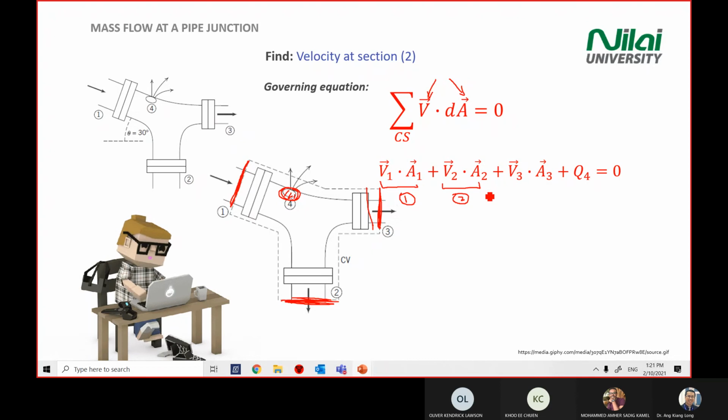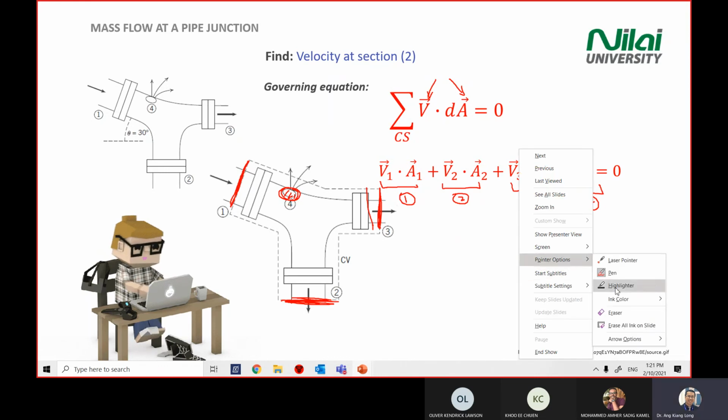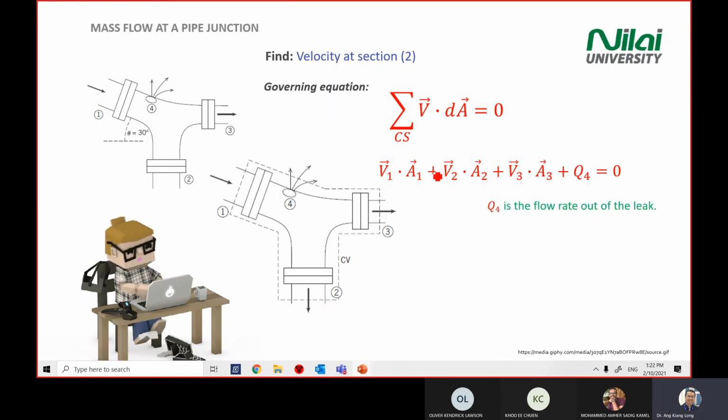Then the third surface and the fourth surface. So we have 1, 2, 3, 4. Now the next step, I'm going to slow down a little bit further because I need to explain it in detail. So pay a little bit more attention to the following slides.